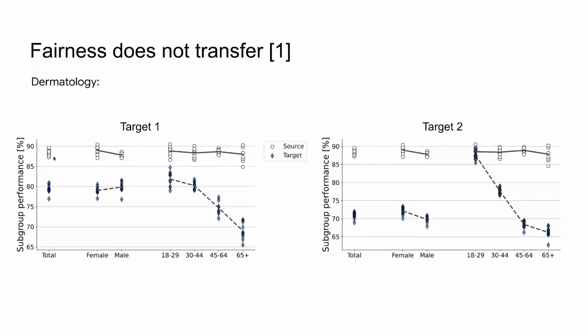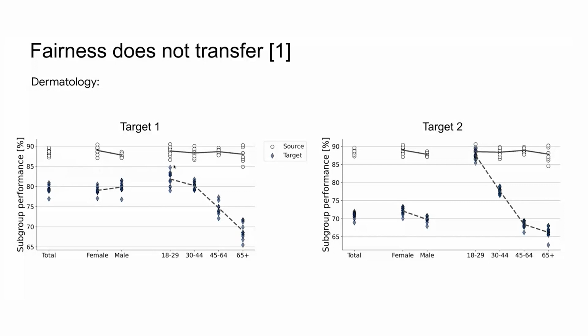In white circles, you have the performance on the source, where the model was developed. And in blue diamonds, you have the performance on the target. So you see there's a bit of a gap here. It's not huge, but there's a bit of a gap.